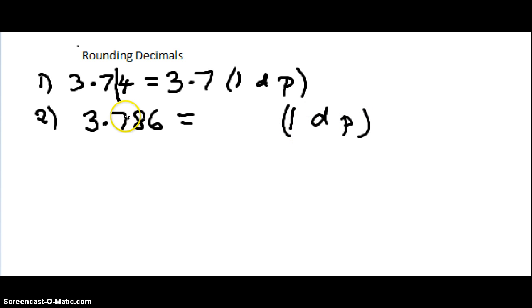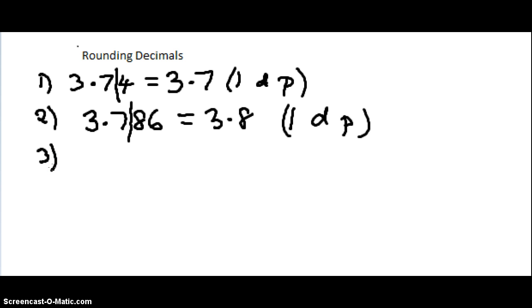This time again we'll put a line after the 7, and if we look at this number we notice that we have an 8 after the line, which means that we would round up the 7 to an 8 to get 3.8. Now a few more examples just to show the idea and how it works.